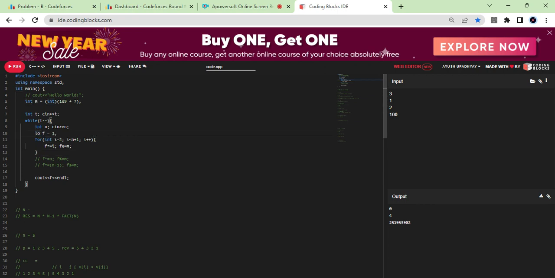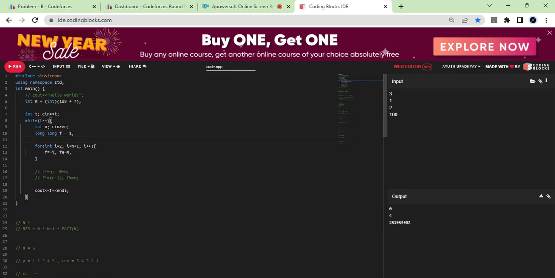Long f will give you a factorial, or you can say initializing it with n mod equal to mod into n minus 1 mod of mod, and then calculating total mod equal to mod.